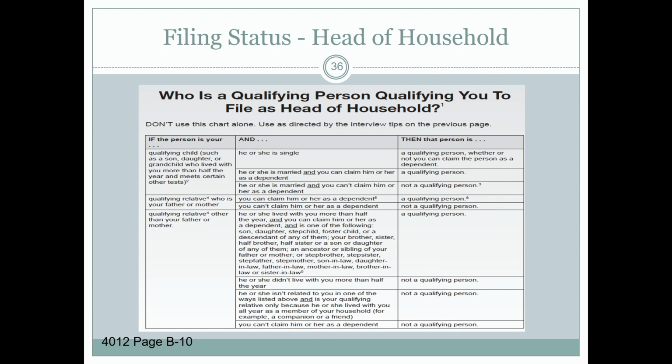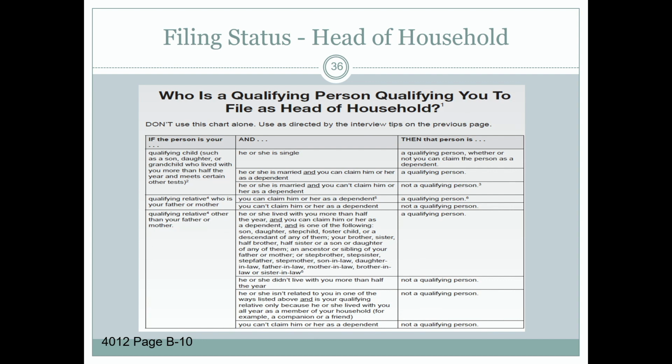If that same person is married, but you can still claim them as a dependent, then they can still qualify you. If that same child is married and you cannot claim them as a dependent, then they do not qualify you for head of household.